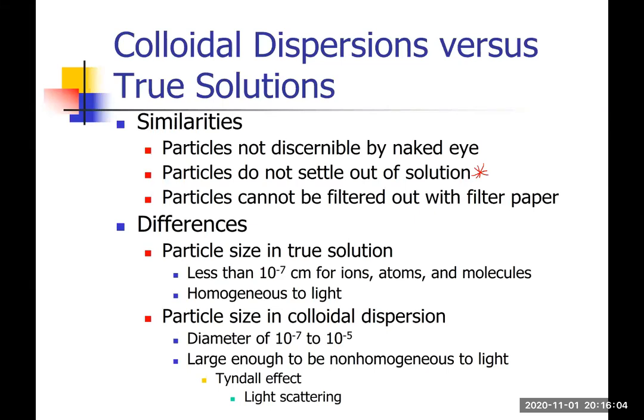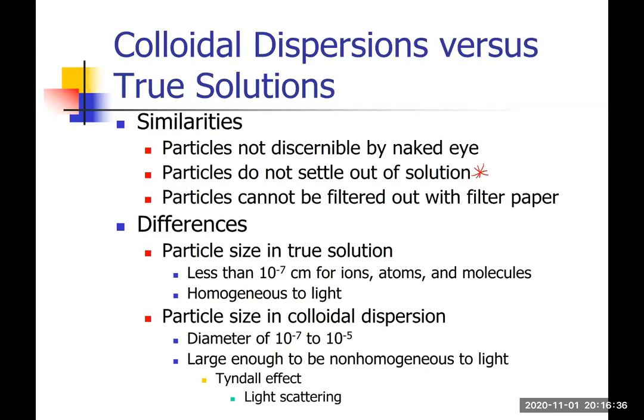And we cannot filter out the dispersed phase from a colloid because the particles are still too small, and they'll go straight through the pores of the filter paper. A suspension can be separated by filtration. The particles in a suspension or any heterogeneous mixture are large enough that they can be filtered out using filter paper.